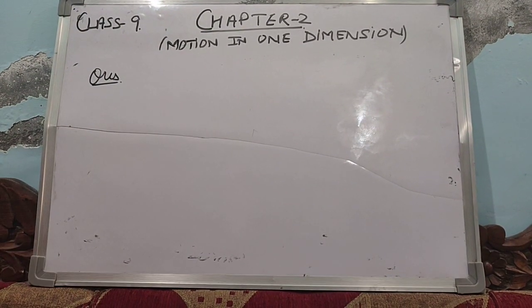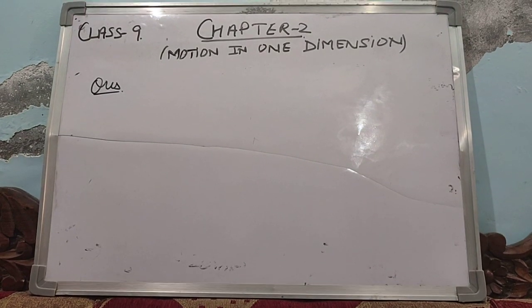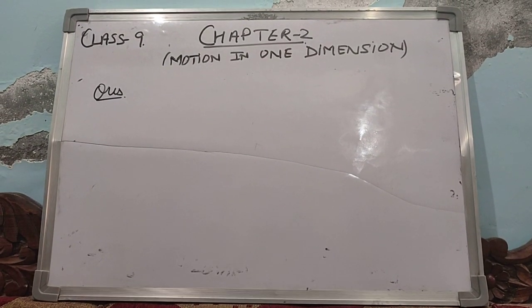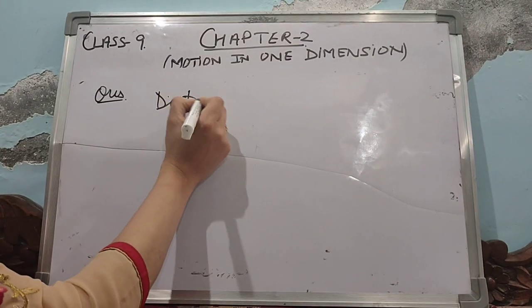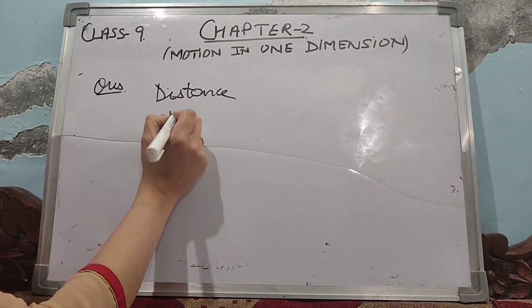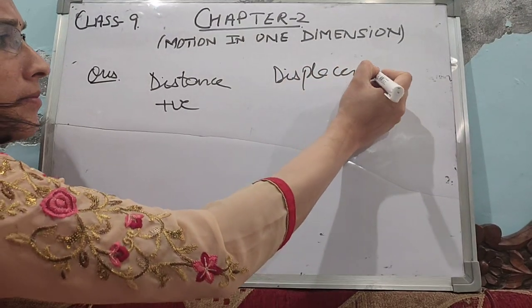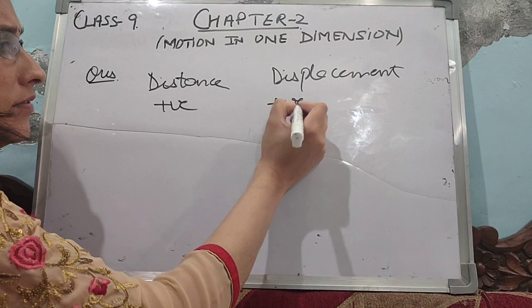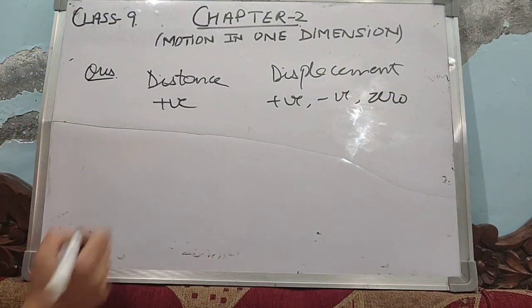Dear students, yesterday I told you that distance is always positive while displacement can be positive, negative or zero. So I'll give you one example.